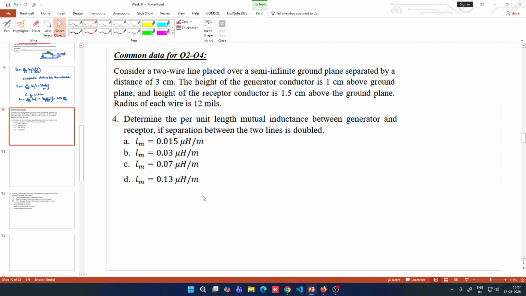Question number 4 is asking to determine the per unit length mutual inductance between generator and receptor if the separation between the two lines is doubled. Earlier in question number 3 the separation distance was reduced. Now the new separation distance is 2 times the old separation distance, so it becomes 6 centimeters.